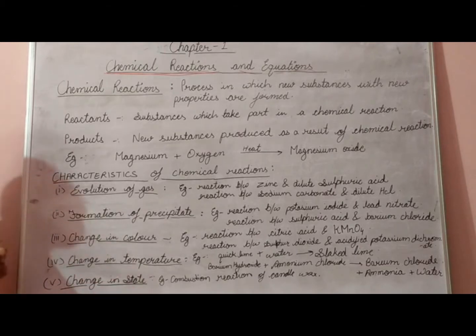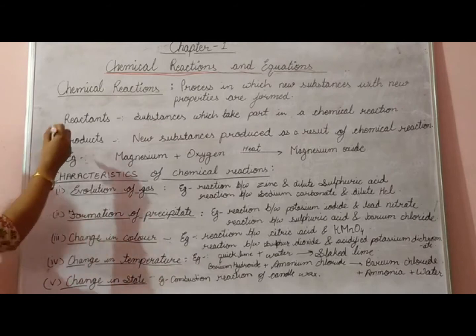Basically, in a chemical reaction, the recombination or rearrangement of atoms takes place. The bonds which existed earlier in the reacting substances get broken and form new bonds with the new rearrangement of atoms, which leads to the products in chemical reactions.